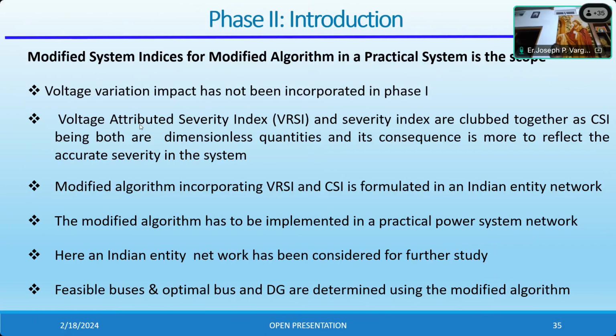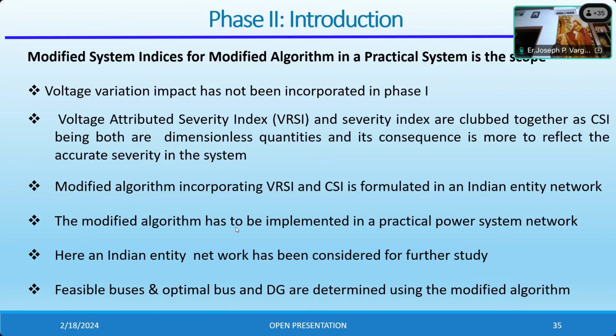Voltage variation impact has not been incorporated in phase 1. In phase 1, even though the voltages were within limits, for getting more accurate values we have to consider the voltage variation. The voltage attributed severity index, that is VRSI, and the severity index are calculated, and this is termed as CSI.